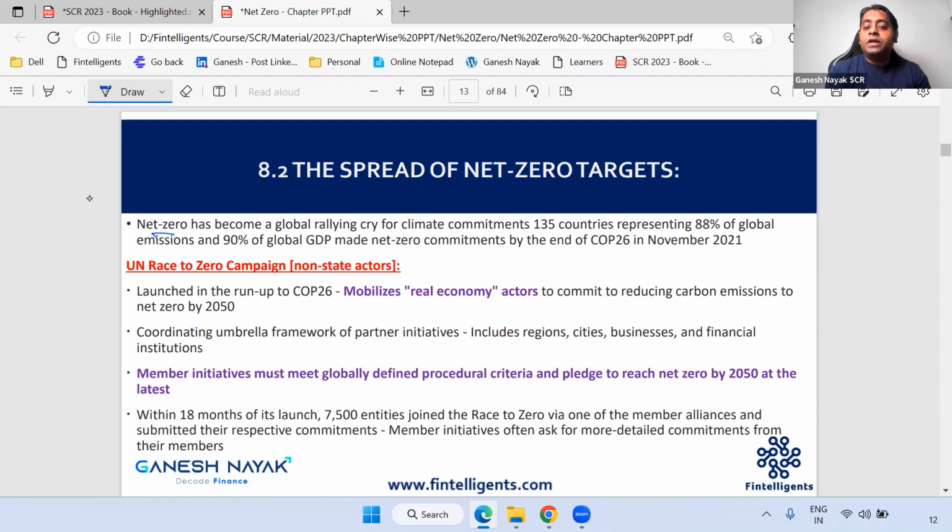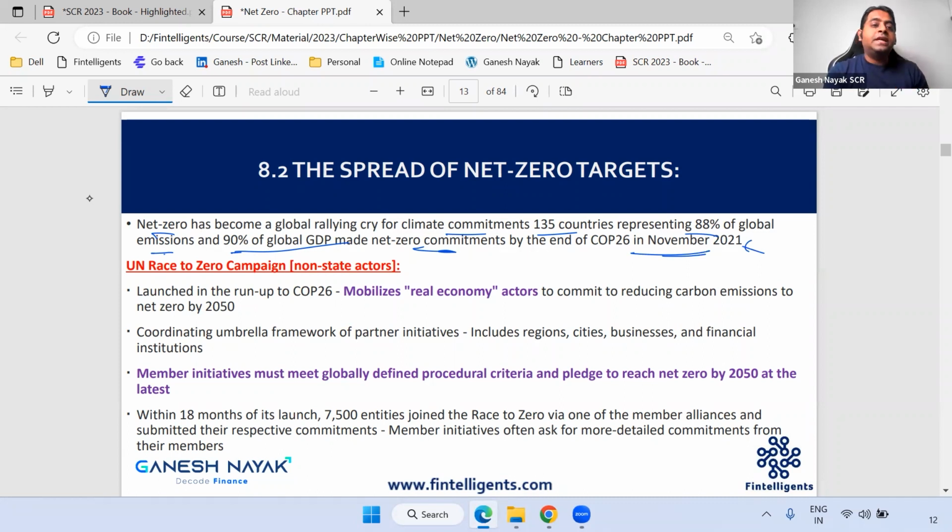In terms of climate commitment, there are 135 countries representing 88% of the emissions and 90% of the global GDP. They have committed that they will reach net zero, agreed by November 2021, and they'll set their dates for reaching net zero.